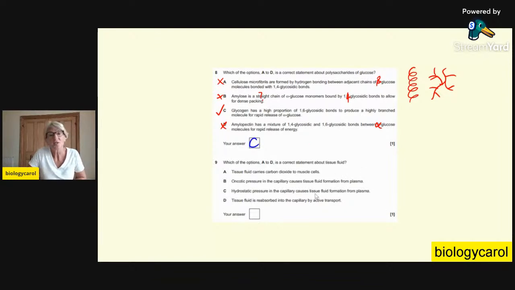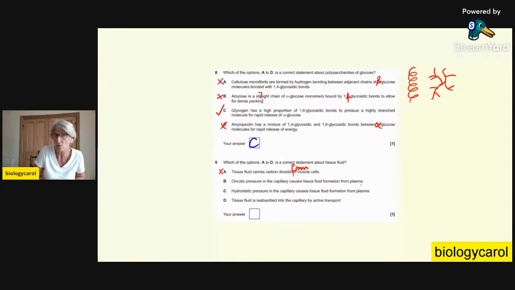Which of the options A to D is a correct statement about tissue fluid? Carries carbon dioxide to muscle cells? No, not true, because it carries it from muscle cells. B, oncotic pressure in the capillary causes tissue fluid formation from plasma.